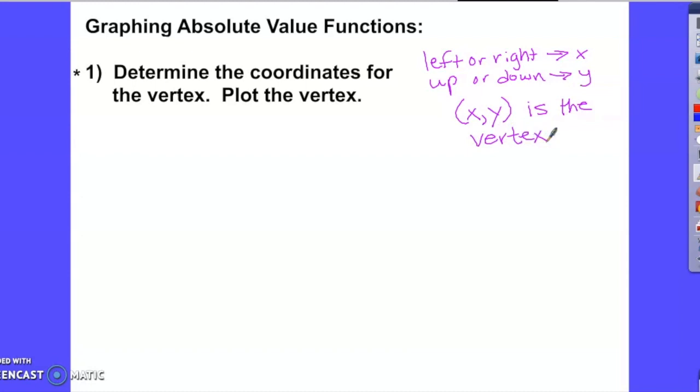And what I mean by the vertex is the corner of your V shape. It is that first point that you're going to plot. So you're going to go left or right, and then you're going to go up or down, and you're going to plot that first point using these transformations.